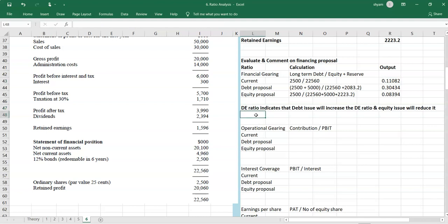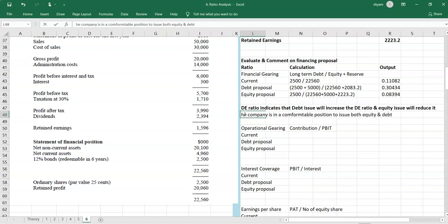Okay. So the company is in a comfortable position to issue both equity and debt.